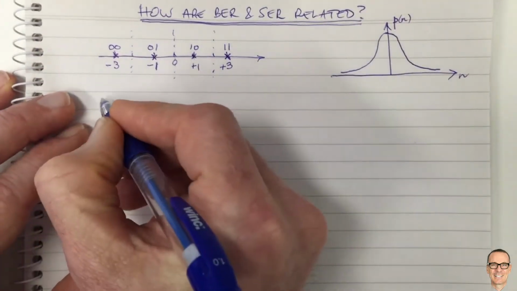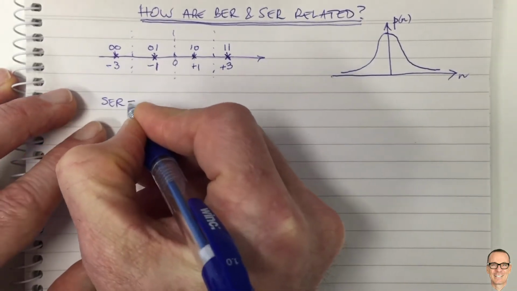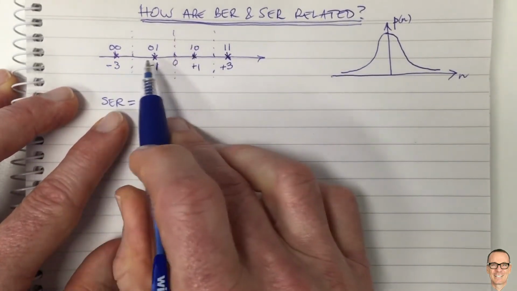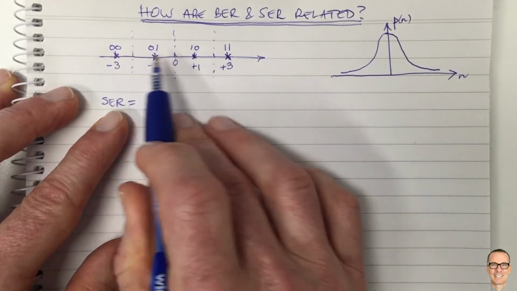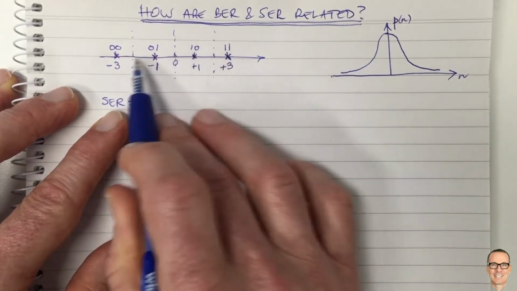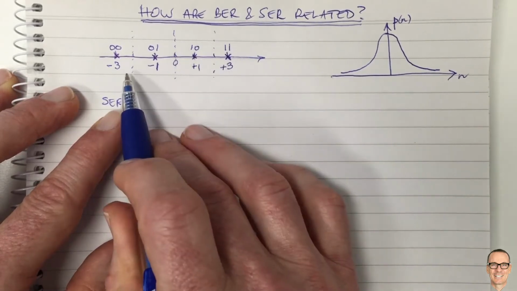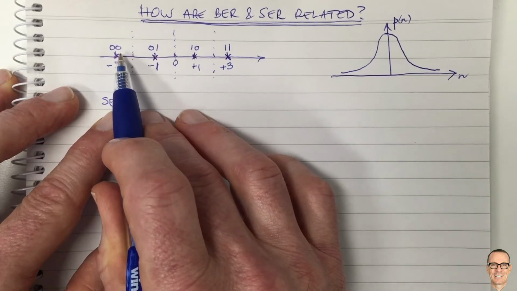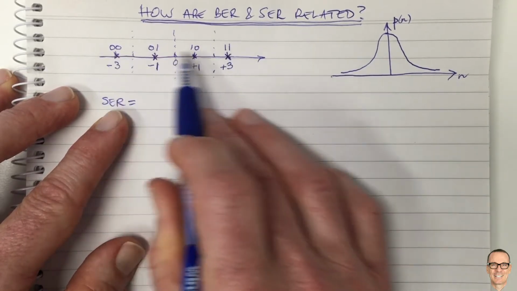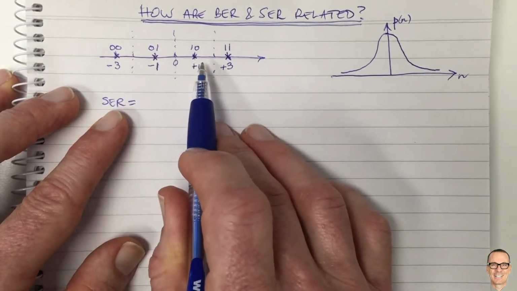And our symbol error rate, SER, in this case assumes the symbols are equally likely to be sent. So it's random data coming in, or the data has been randomized, which is important: once data is compressed, it becomes randomized, and so either one of these is equally likely.